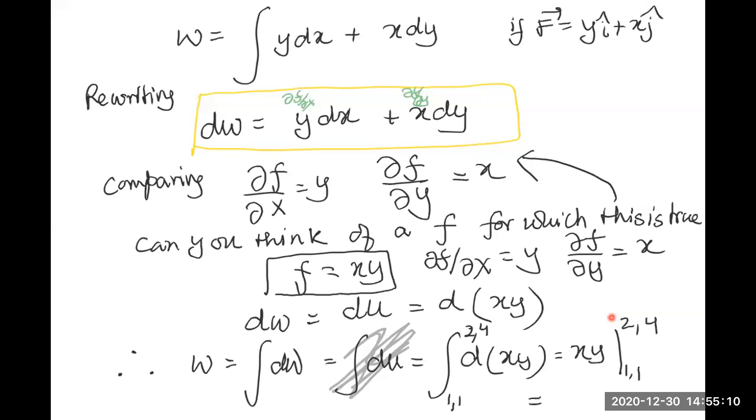And then you are supposed to put in the limits here. X की जगह ये, y की जगह ये, फिर x की जगह ये, y की जगह ये, and subtract. This is the same as single variable calculus. So this will be 2 into 4 minus 1 into 1. That is 8 minus 1. That is equal to 7 joules.